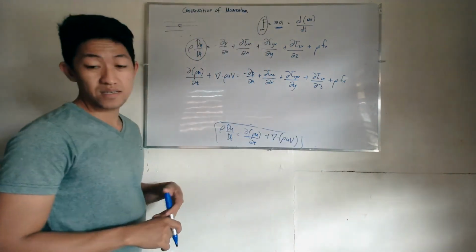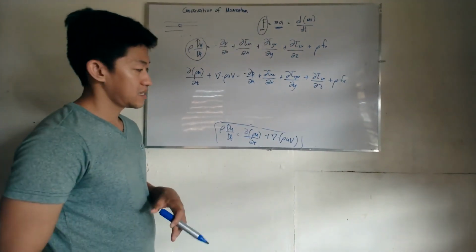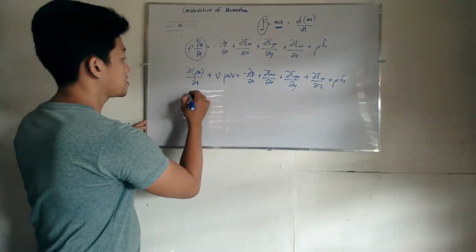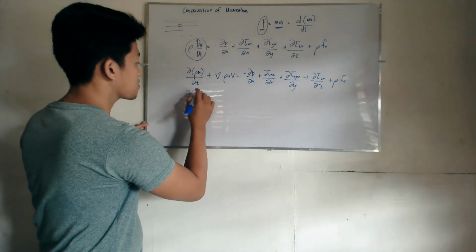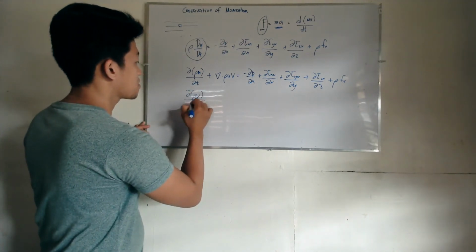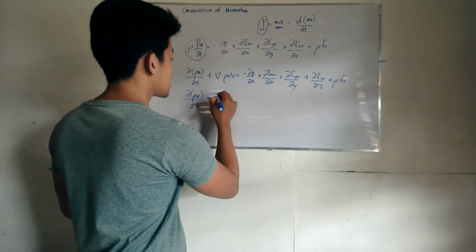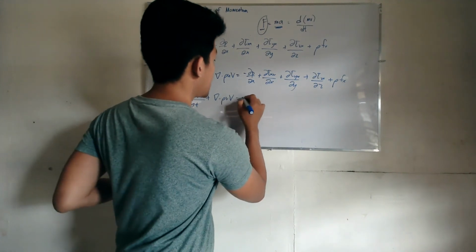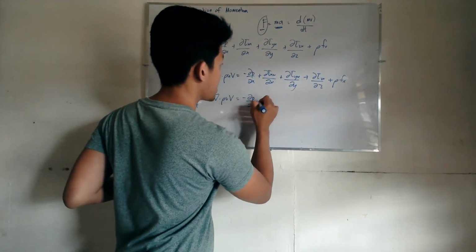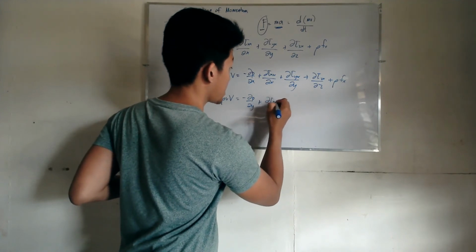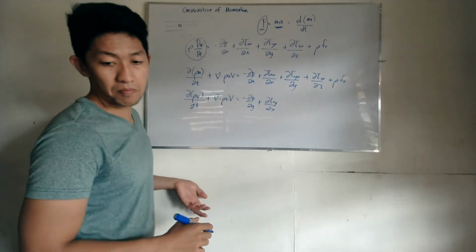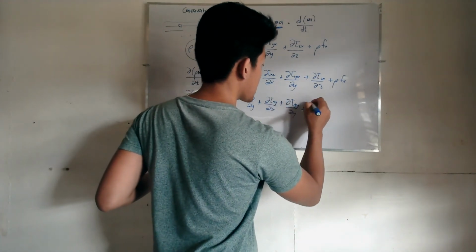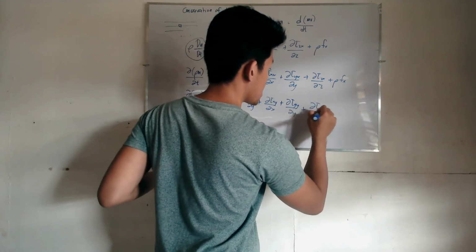For the y and z: partial of rho v partial of t plus del dot rho v b equals negative partial of p partial of y plus partial of tau xy plus partial of tau yy plus partial of tau zy.